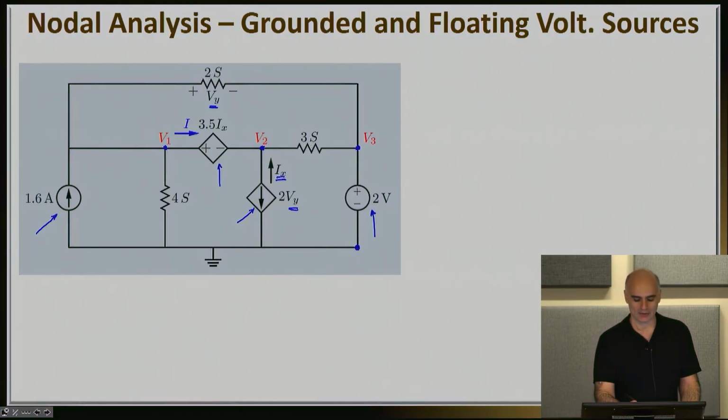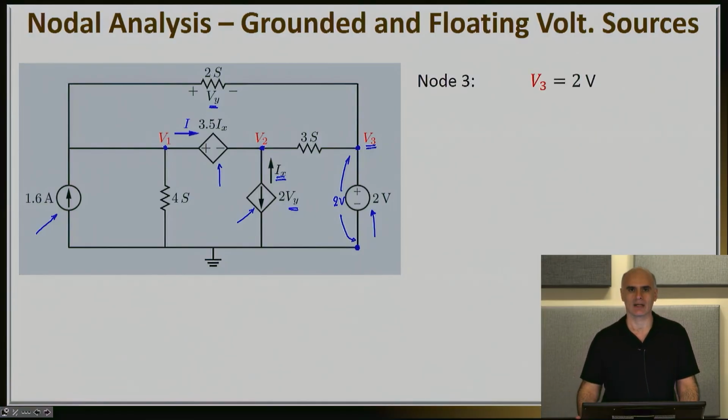Because it is really tied to a grounded voltage source. And since I'm guaranteeing 2 volts difference from V3 to ground, I can immediately say that V3 is actually 2 volts. So in other words, the nodal equation for node 3 is a freebie. You already know before you do anything else in the circuit that your V3 will be equal to 2 volts.